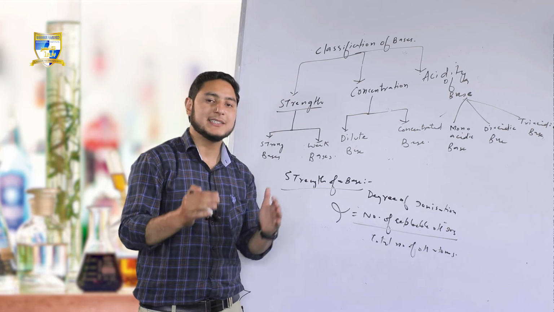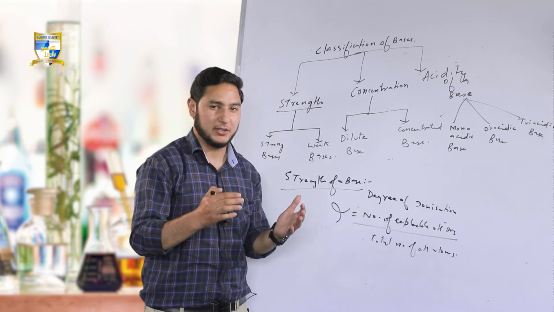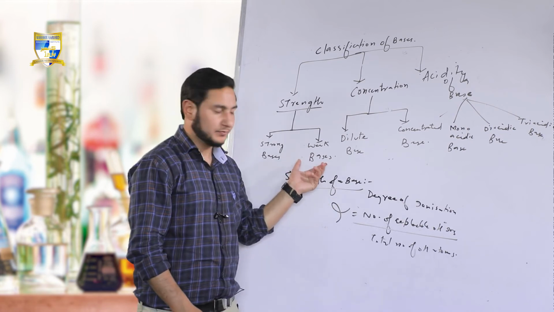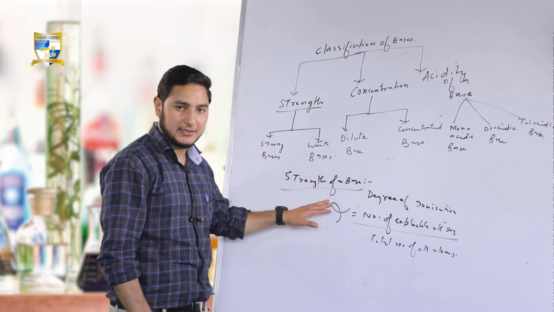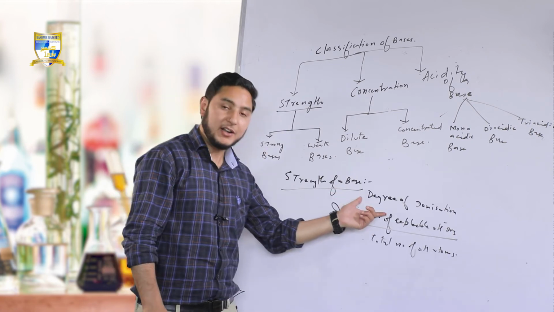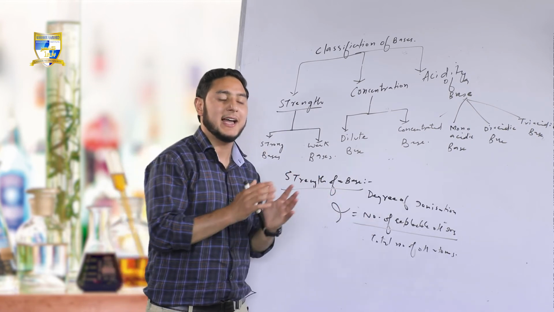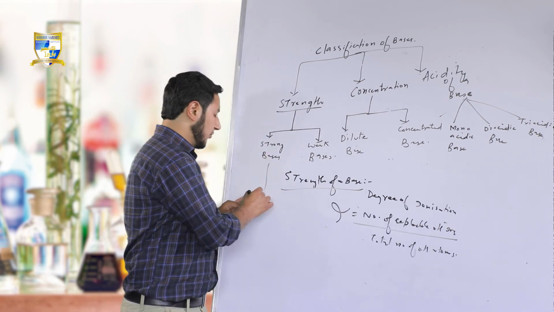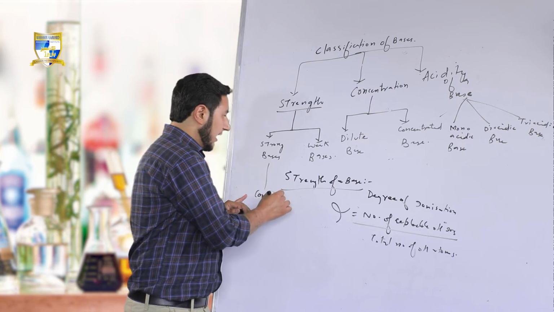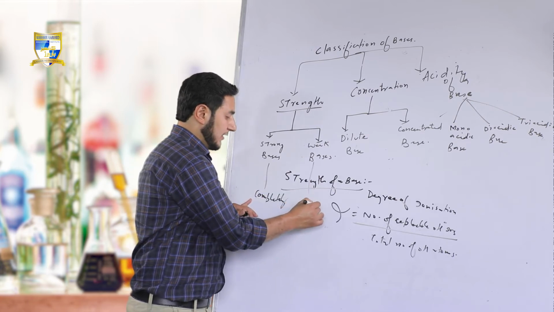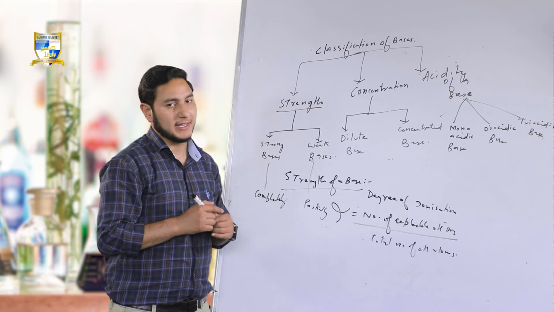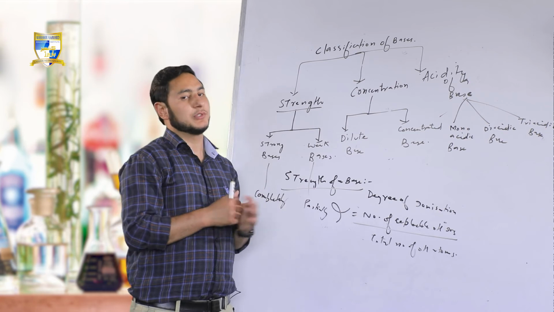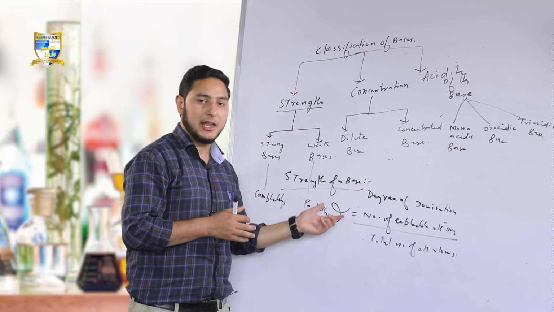If its value is less than 0.7 or 0.6 or 0.5, it is called a weak base. So, by the strength of a base, we actually mean to what extent the base ionizes in aqueous solution. If it ionizes completely, it is a strong base, and if it ionizes partially, it is a weak base. Degree of ionization or degree of dissociation is represented by the symbol alpha.